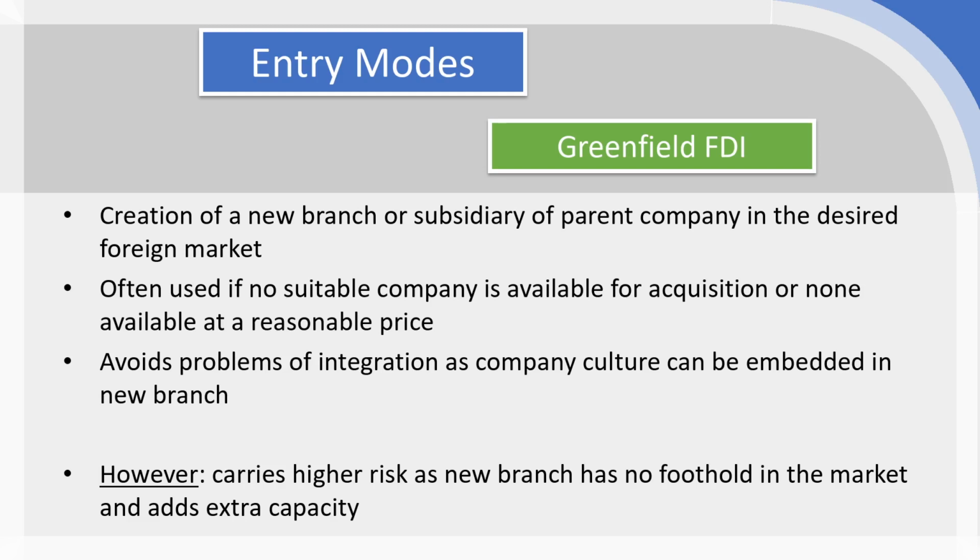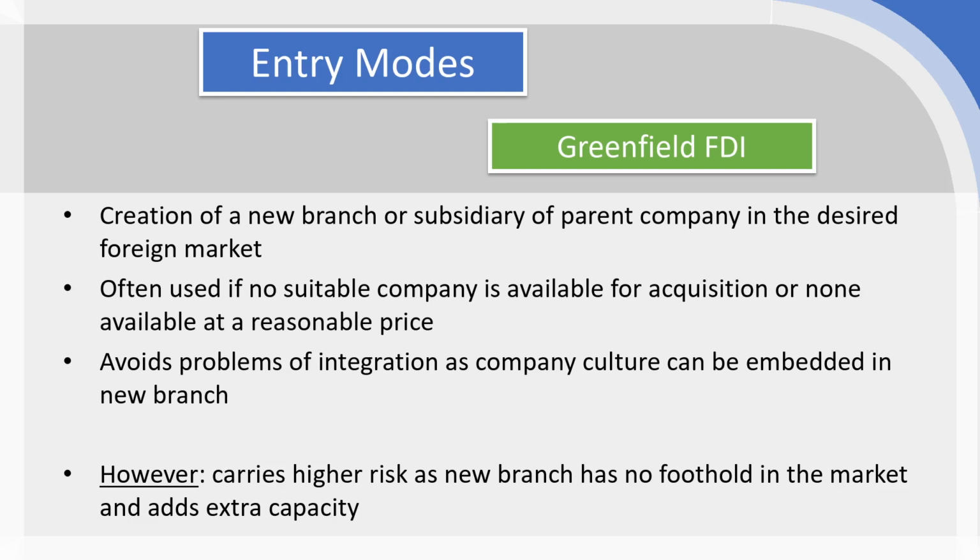You don't have that built-in customer base. You don't have that built-in branding and marketing appeal. You're going to have to develop your brand in your target market from scratch. You're going to have to develop new marketing efforts and so on. But it does mean that you're building everything from scratch, and therefore it can be built already integrated into how your organization runs.